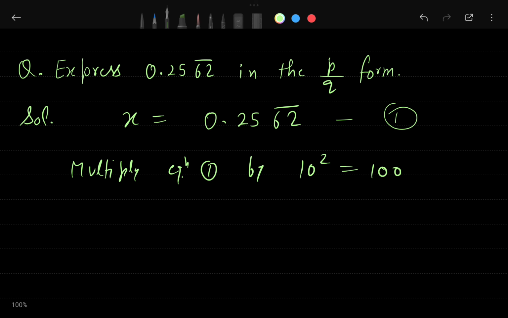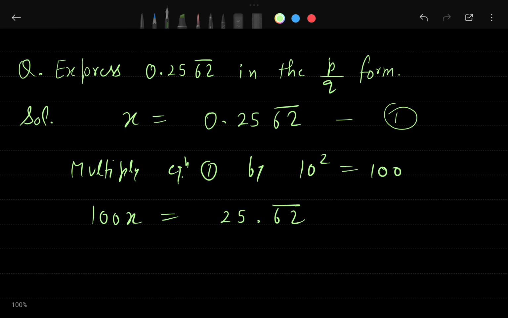But here we are doing things a little differently. Here we are seeing how many digits after the decimal are not being repeated. There are two digits, so we multiply by 10 to the power 2, that is, by 100. So we will have 100x on the left-hand side, and on the right-hand side we will have 25.62 bar. So this is why we did it.